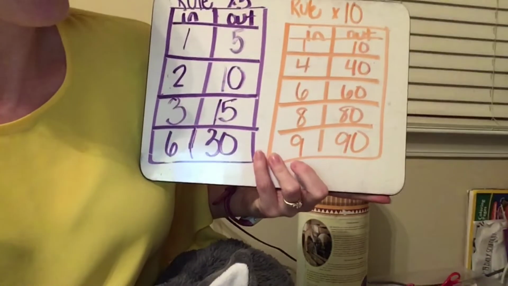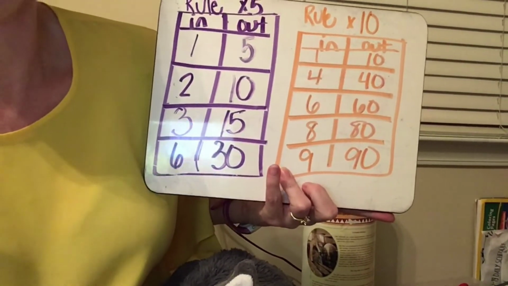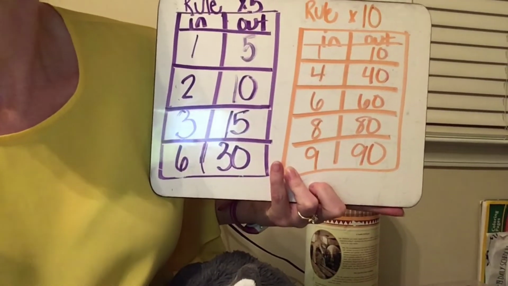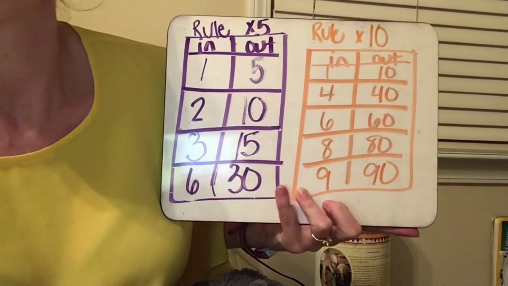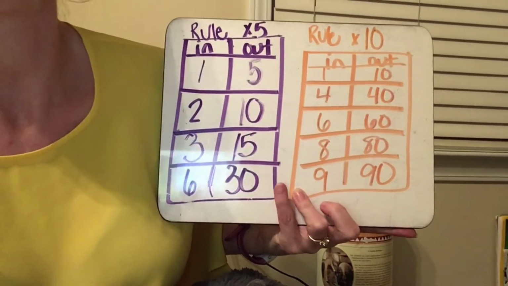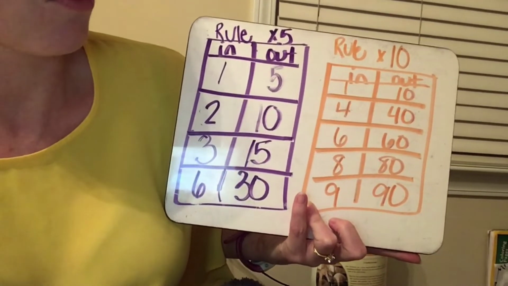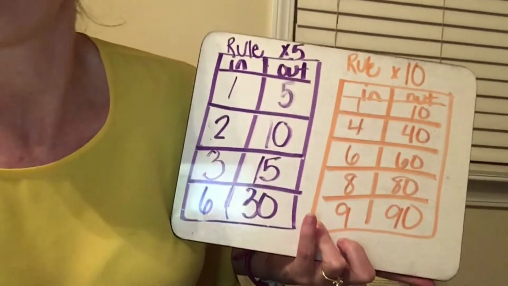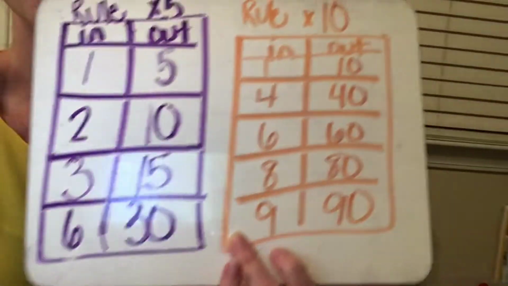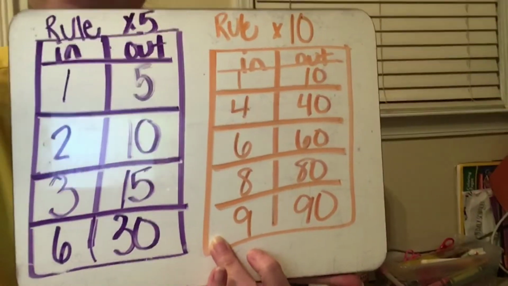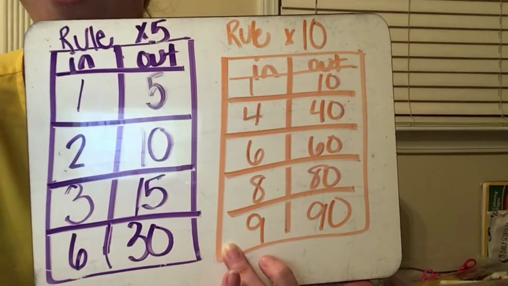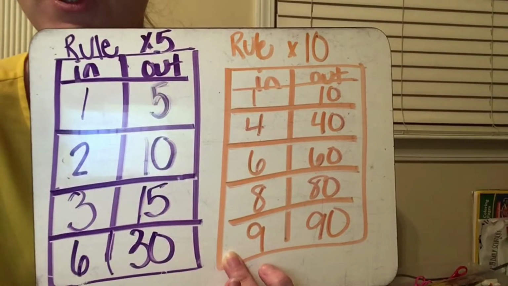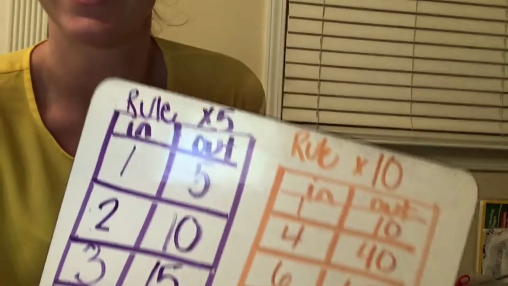And when I look at that, the pattern that I see, I hope you see it, is that when you have multiples of 5, they end in 5 or 0. And you would have odd and even, odd and even. And when we multiply by 10, the multiples of 10 all end in the number 0.